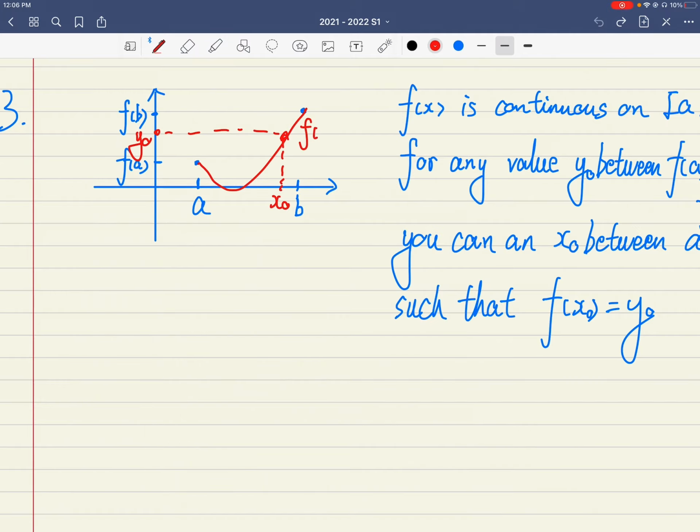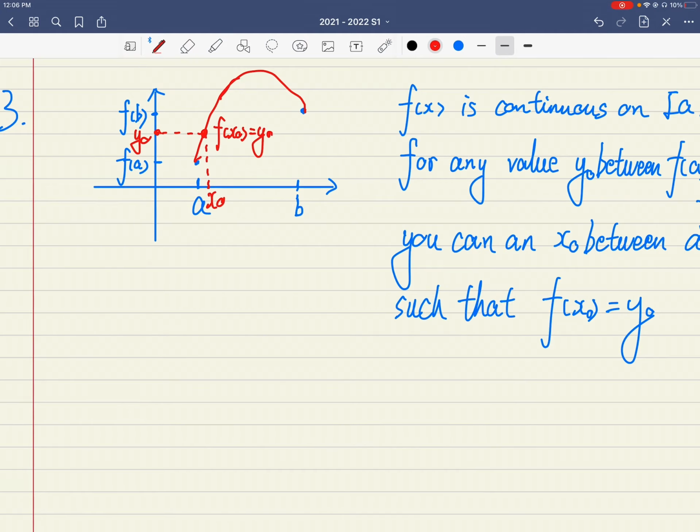For example, if you draw the curve like this, then for this y naught, you can find an x naught between A and B such that f(x naught) is y naught. You can always find such a point.